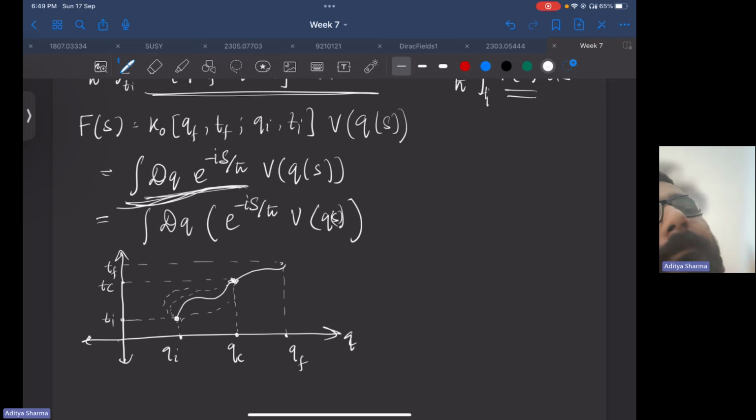And I'm weighing over this path by some factor of e to the power is and all these things, right? And I can move this also. That is, I'm integrating over all paths. Yeah. So I can interpret Fs as sum of the amplitudes of all these paths, all the trajectories. And each trajectory is weighed by V of Qs.